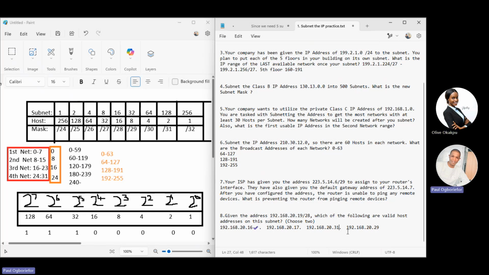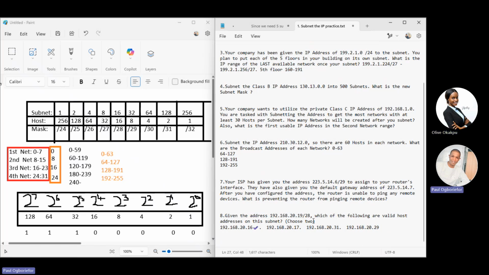If they were talking about broadcast, this is a broadcast. They said are valid. They did not say are not. That means they want us to choose the addresses that are usable, excluding the broadcast. Are you sure? Yes, they said valid host addresses on this subnet.